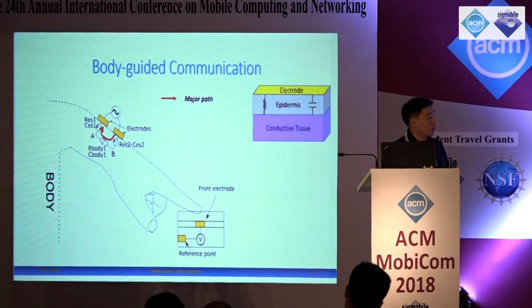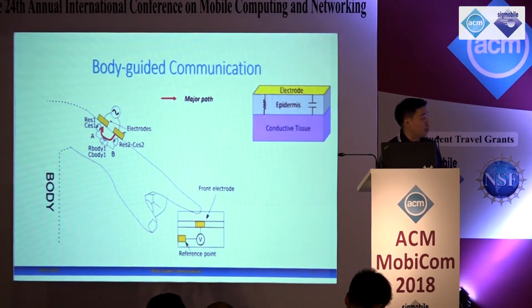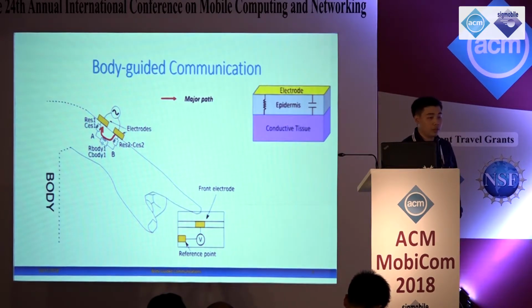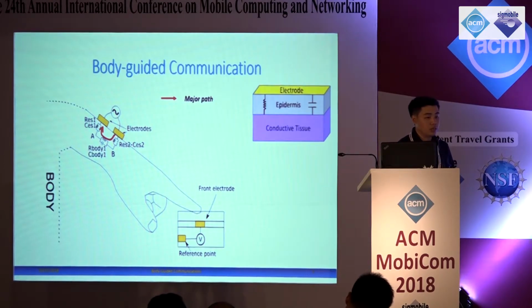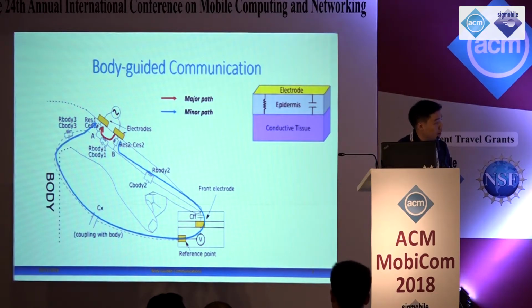We model this epidermis by a parallel pair of capacitor and resistor. We also model the impedance between point A and point B in the conductive tissue under the two electrodes. Most of the current will go in this major path between the two electrodes of the transmitter, but a weaker current path will run through the finger and through the touch device.